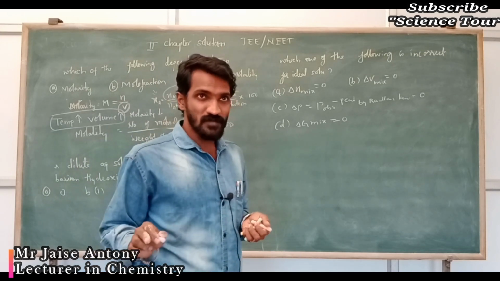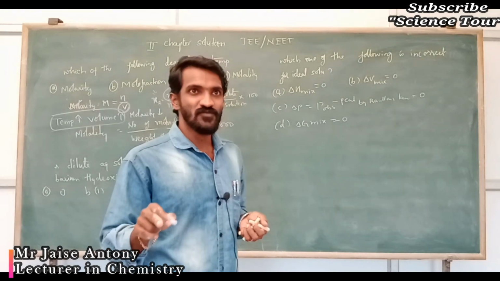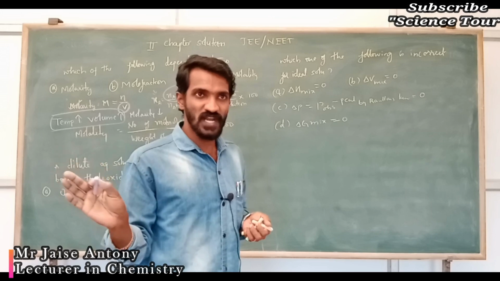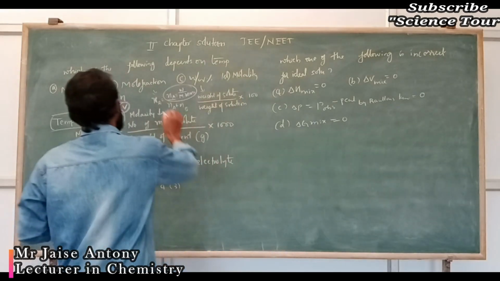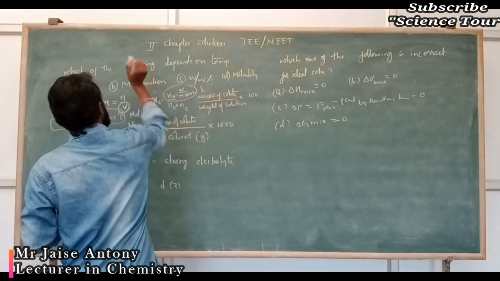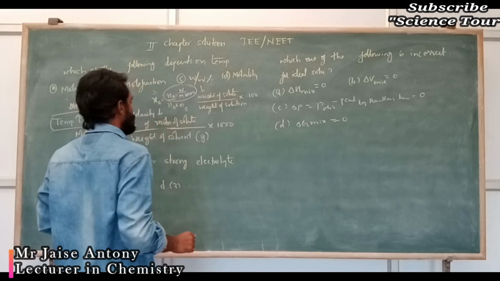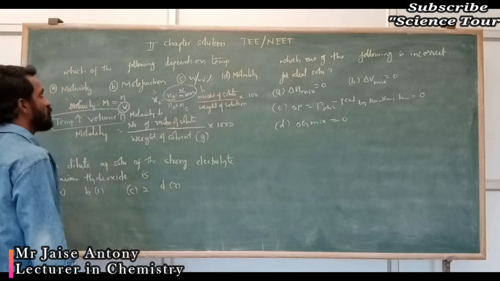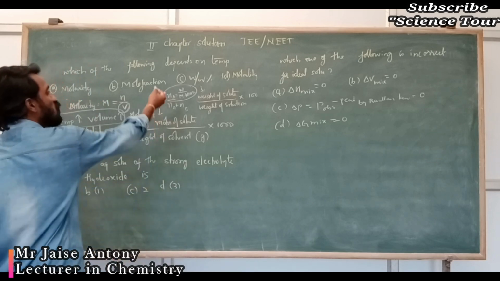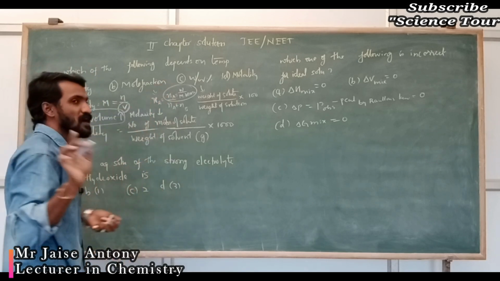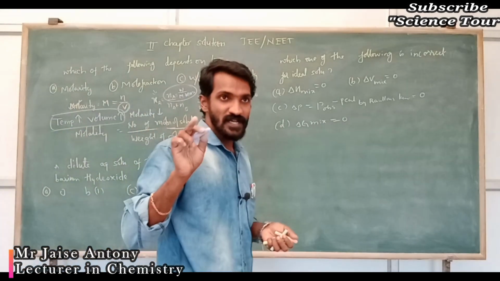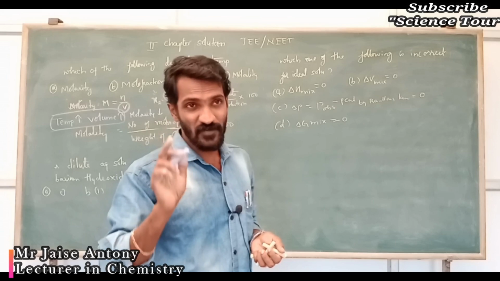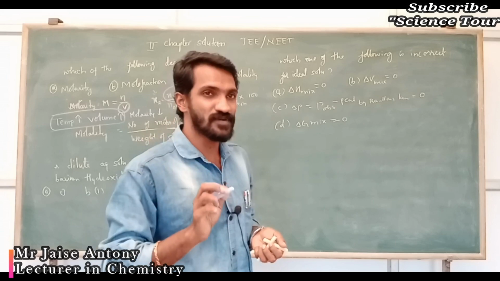In that concept there is no volume factor, only a weight factor is given. So just neglect this one, because it does not depend on temperature. The mole fraction is not dependent on temperature because there is no volume factor in it. I already mentioned that if a volume factor is there in the formula, it depends on temperature.